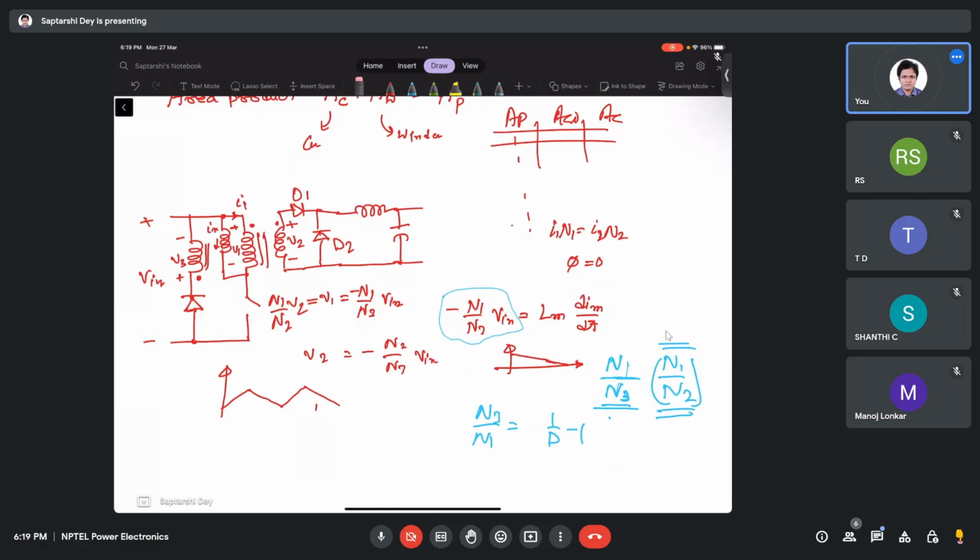It will keep touching 0 like this. But if you have a value of N3 higher than what is given by this equation, then your flux will die down faster. Then you will have a discontinuous flux waveform in the core. But this discontinuity is in no way related to the discontinuous conduction mode of the circuit. Continuous conduction mode of the circuit depends on the inductor current, the secondary side inductor current.